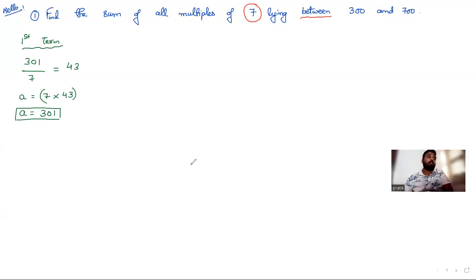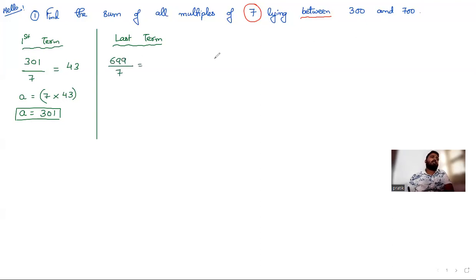If we hadn't got an integer, let's say we consider our last term. Now in the last term, will you consider 700? Definitely not. You won't consider the value 700, because the number should lie between 300 and 700. So I will take 699 into account and then divide by 7.